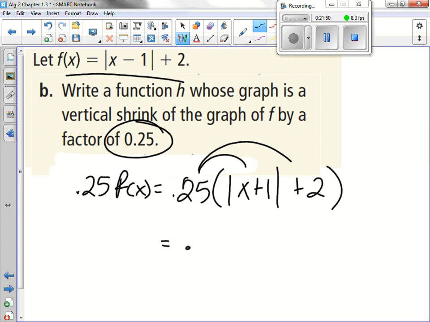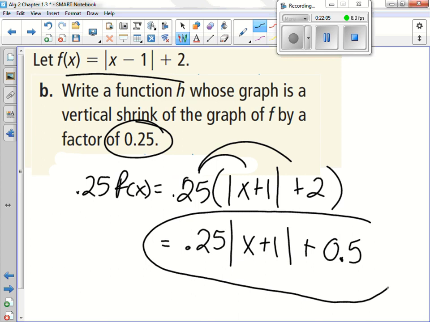We're just multiplying the absolute value by 0.25. So we have 0.25 times the absolute value of x plus 1 plus 0.25 times 2, which gives us 0.5. And that right there is our function with a vertical shrink by a factor of 0.25. And that's all we have to do for this one.